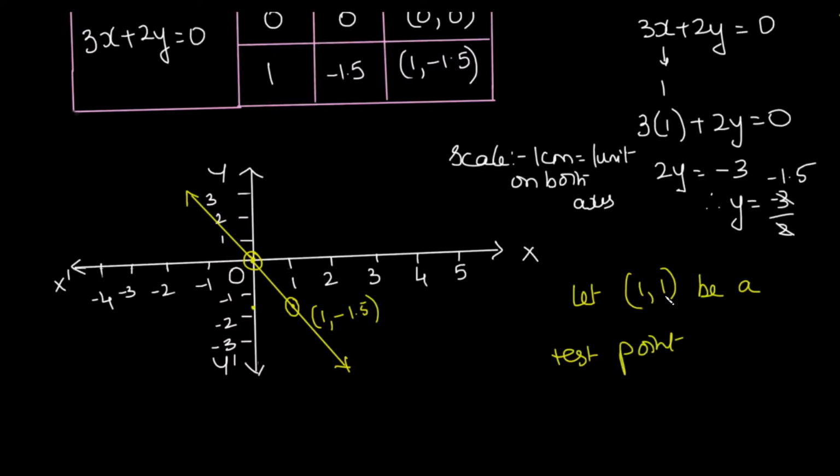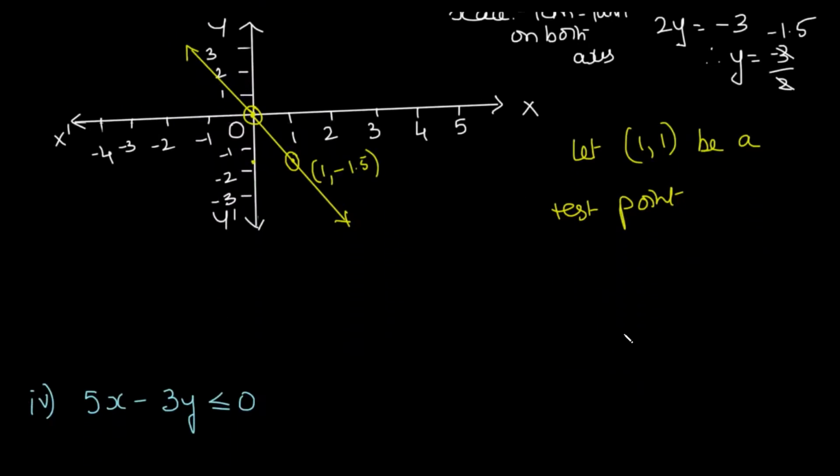We'll put 1, 1 in the given equation and we'll see whether it satisfies the equation or not. So when we put 1 comma 1 in the given equation, 3x plus 2y becomes 3 into 1 plus 2 into 1, which is 5.